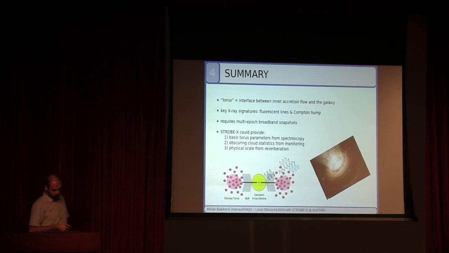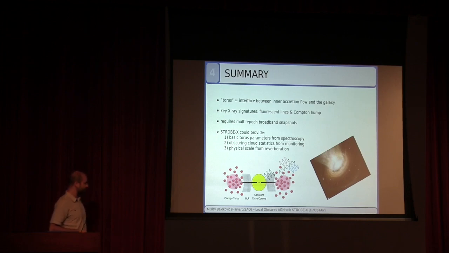I think the best approach would be to have many short exposures over the lifetime of the mission, and that could provide these three things: basic torus parameters from spectroscopy, obscuring cloud statistics, how many of which kind of clouds pass the line of sight, and then reverberation will also set a physical scale for the whole problem, because without that, it's all scaleless. So thank you so much.